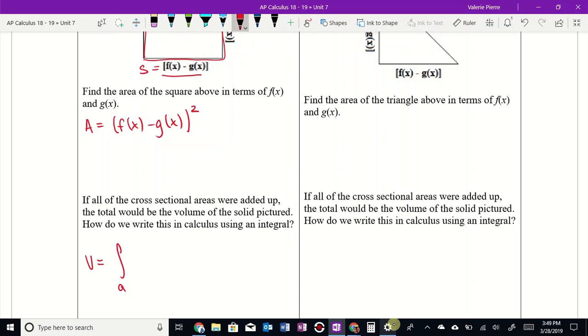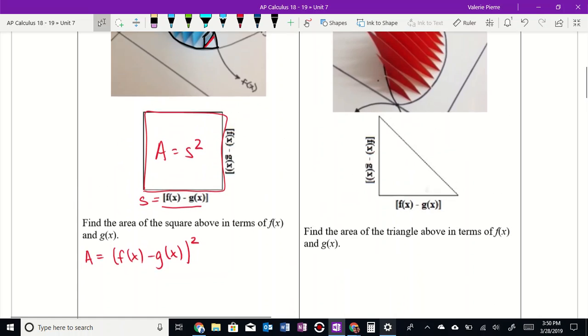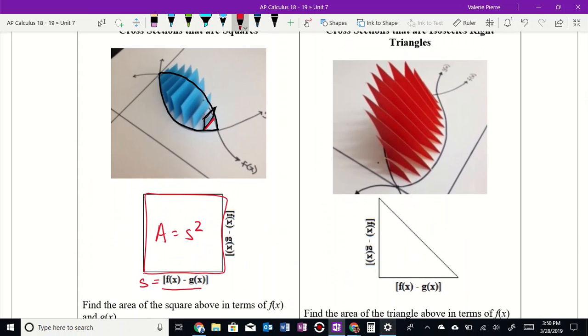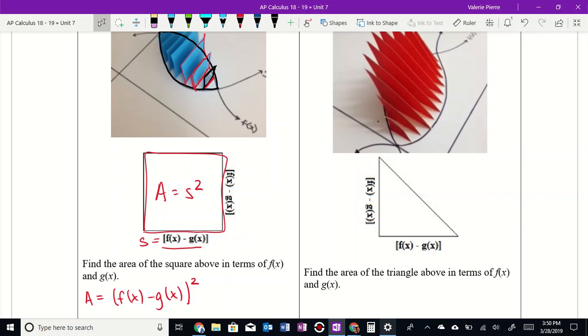So we have the integral from a to b of f of x minus g of x, squared, dx, because we're going to add up all of the areas of the squares. For each square in this picture, the length of it is f of x minus g of x at different values of x.